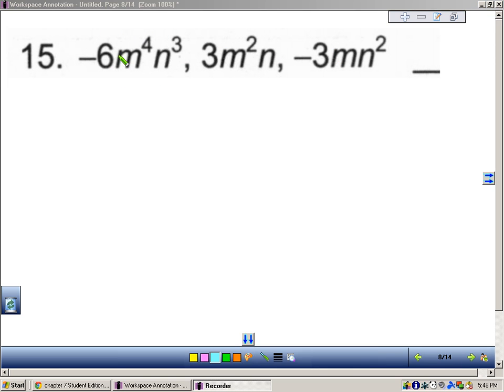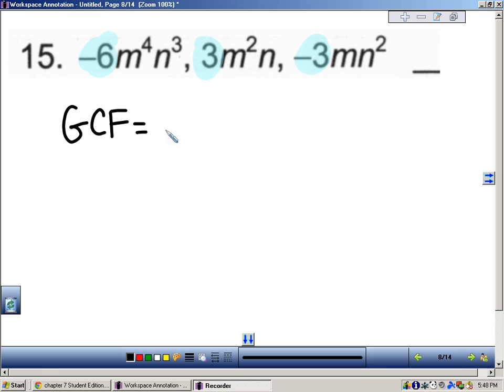Now, 6, 3, and negative 3. I don't include the negative sign. And so 3 is the common factor of the coefficients. Now what are the common factors of its variable?